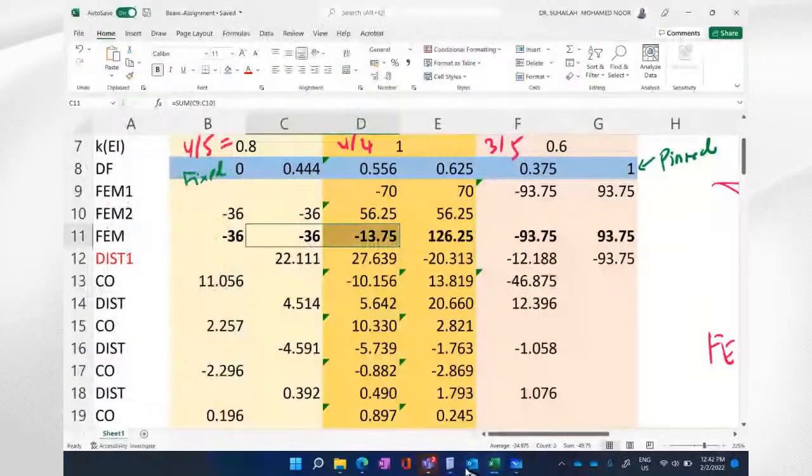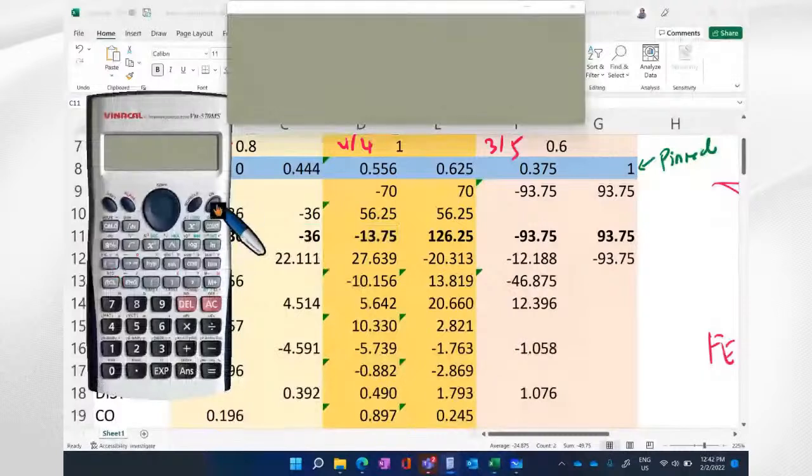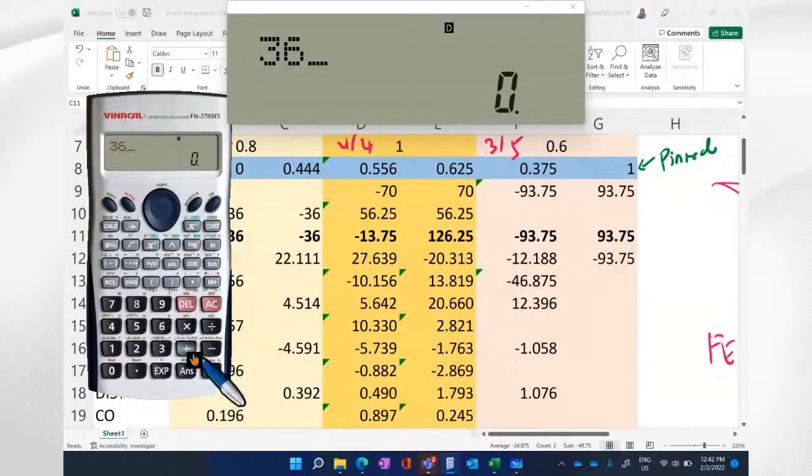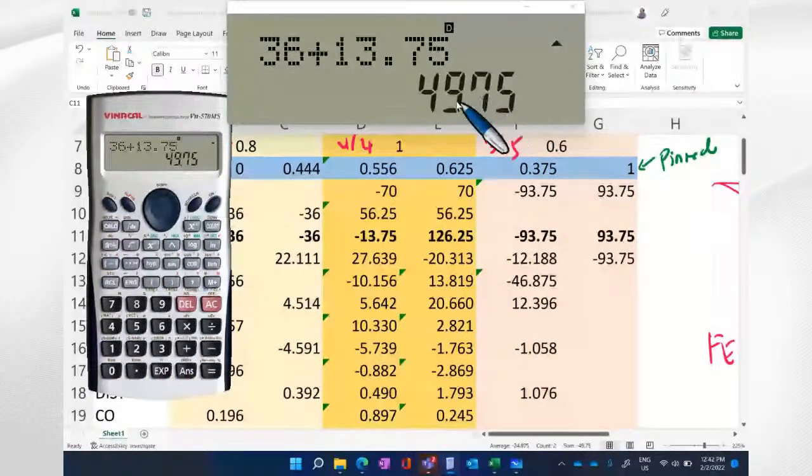This is the total joint moment, opposite with this, we have 36 plus 13.75. Okay, the total is 49.75.